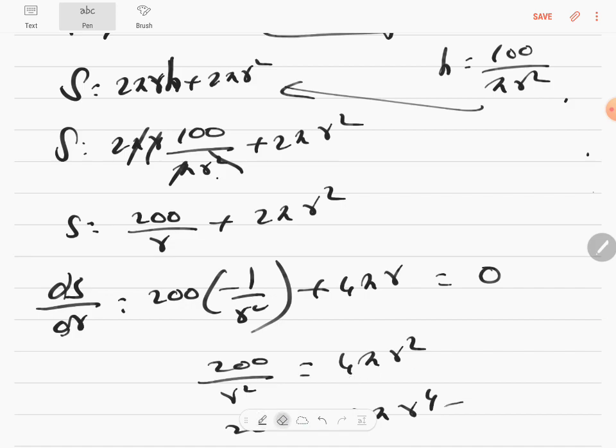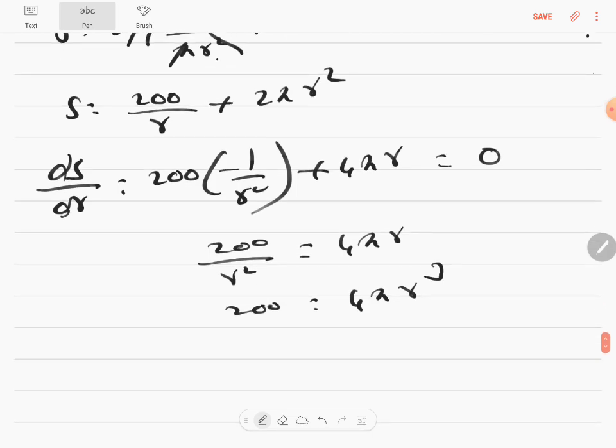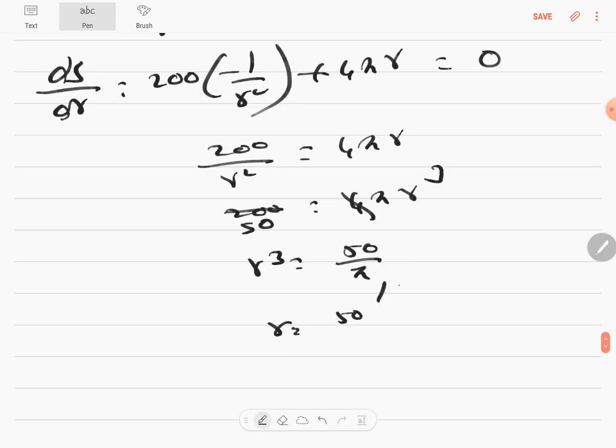Excellent, well spotted. Then you get 4 pi r cube, and this and this can be cancelled. So r cube is equal to 50 by pi. R therefore is 50 to the power 1 by 3 by pi to the power 1 by 3.